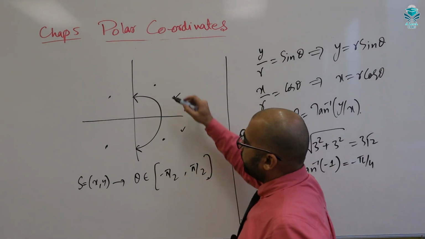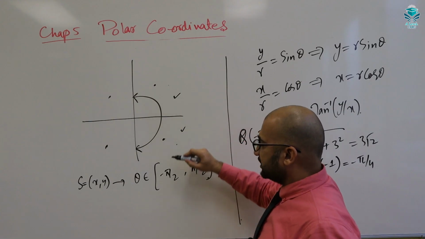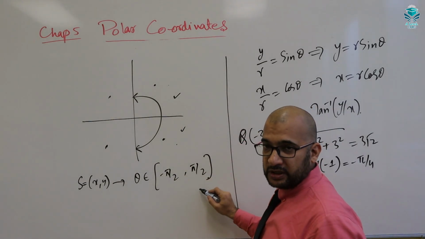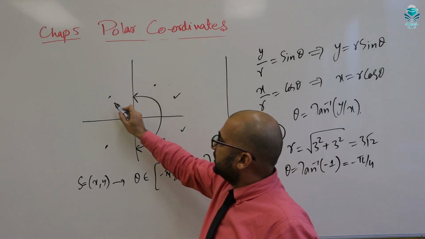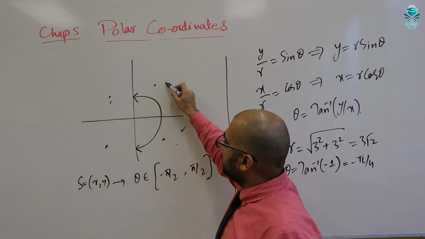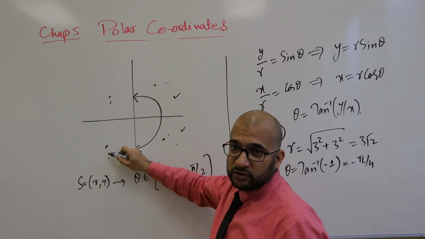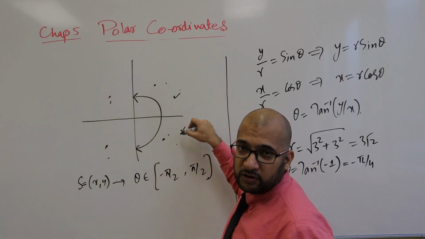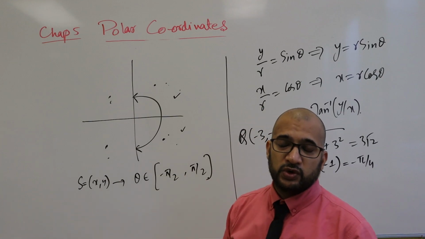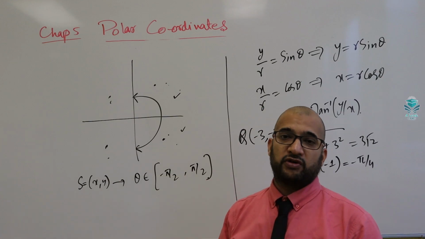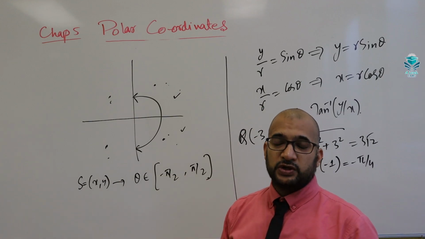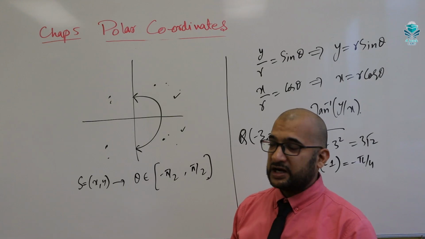So if the point is in the first or fourth quadrant, then it is okay to choose theta from here. But if your point is here and your angle comes here or there, then you have to add pi or 2 pi or subtract pi so that you can reach your desired equation.